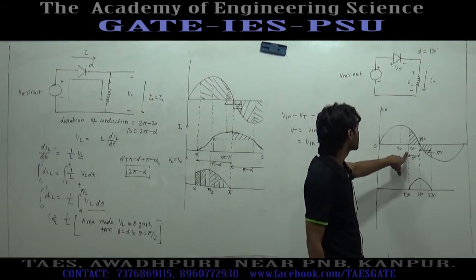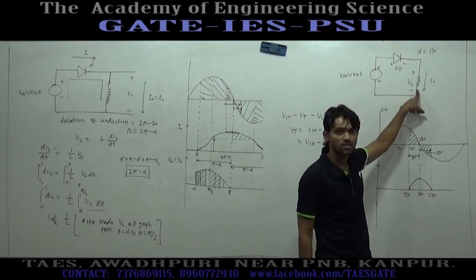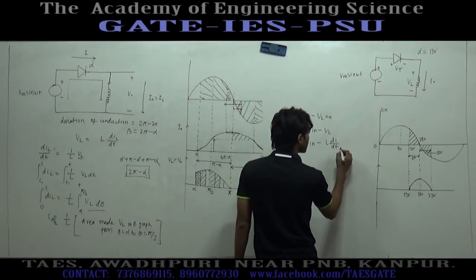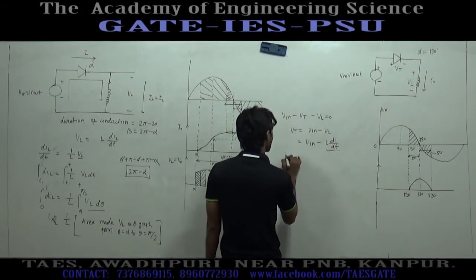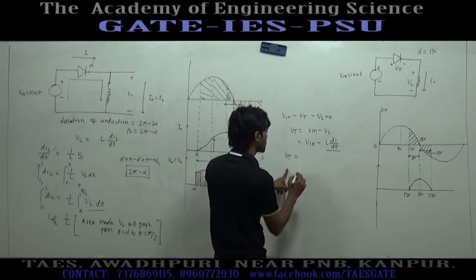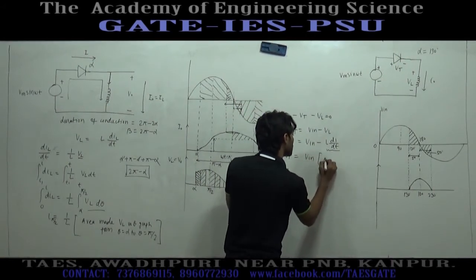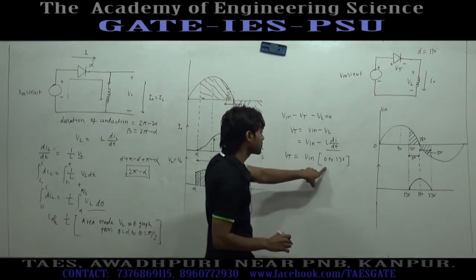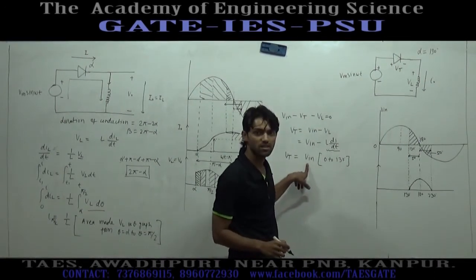From 0 to 130 degree, the current was 0 and this was constant at 0. So, from 0 to 130 degree, this voltage will be 0. So, V thyristor is equal to V input voltage from 0 to 130 degree, and from 0 to 130 degree input voltage is positive.